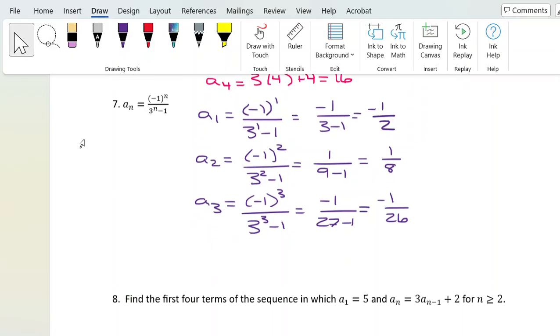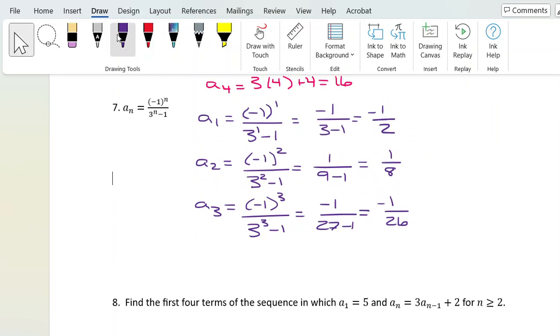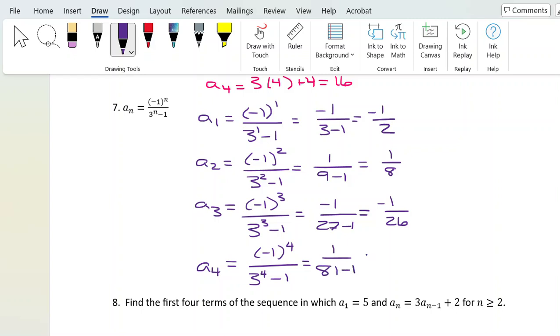And lastly, for my fourth term, I'm going to plug in 4. So I have negative 1 to the fourth over 3 to the fourth minus 1. Negative 1 to the fourth is again positive 1. And then this is 81 minus 1, which is 80. So positive 1 over 80.